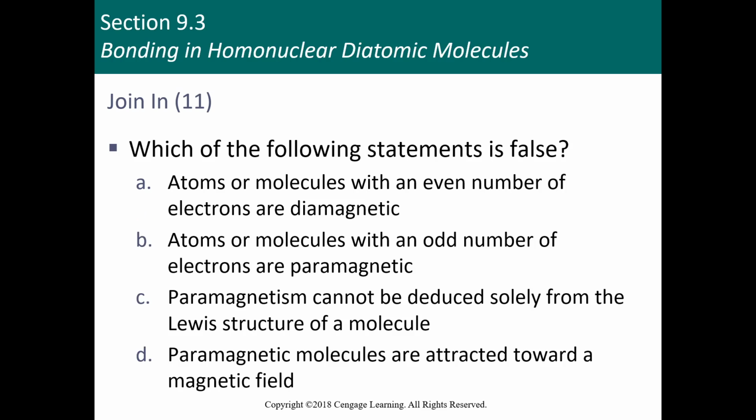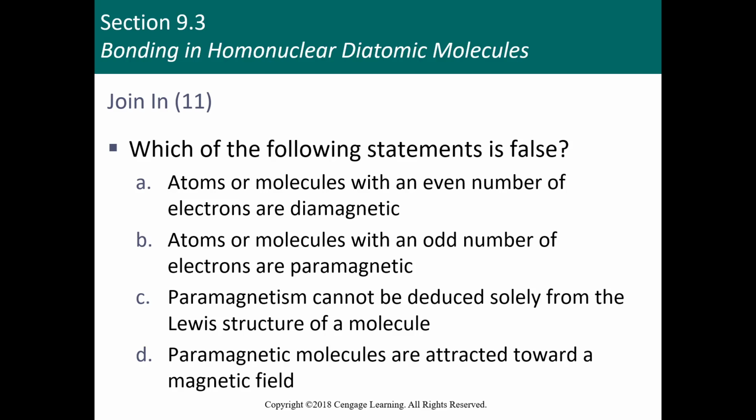So which of the following statements is false? Atoms or molecules with an even number of electrons are diamagnetic. Well, we know that's not true because we had some of the diatomics that are all even, and they weren't diamagnetic, were they? Atoms or molecules with an odd number of electrons are paramagnetic. Well, that actually makes some sense, doesn't it?